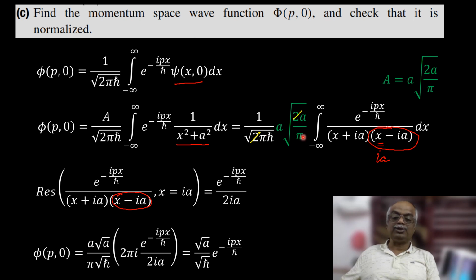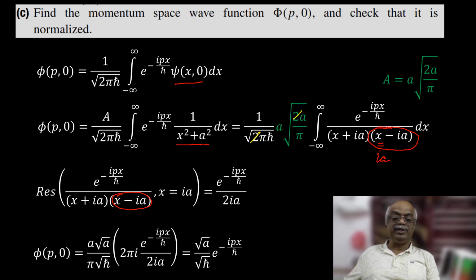Here you have square root of a and square root of h cross, because I have taken this square root here. According to contour integration, the value of this integral is 2 pi i times the residue. Here the residue is this one.